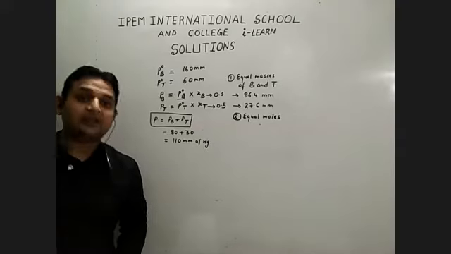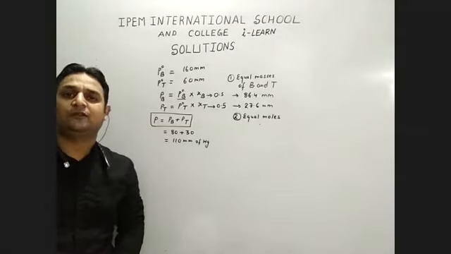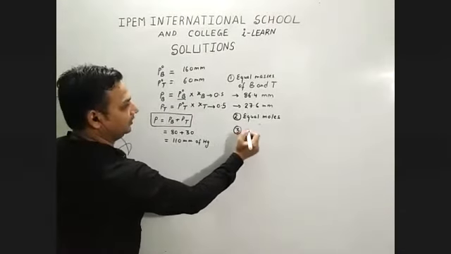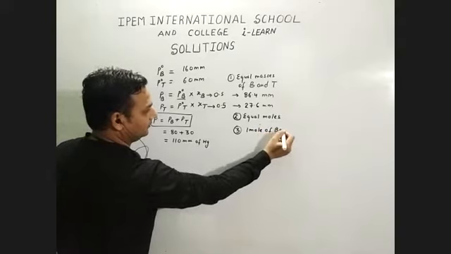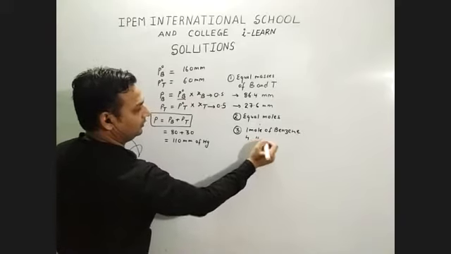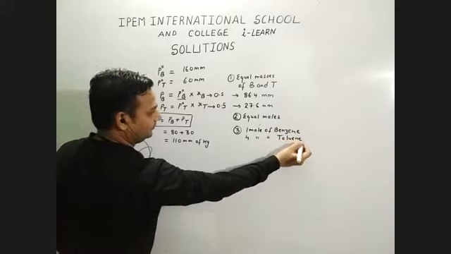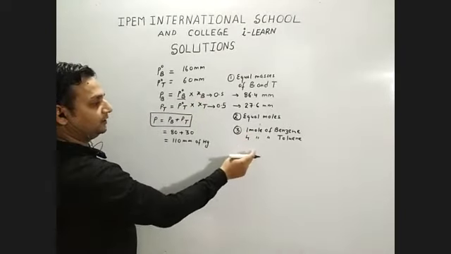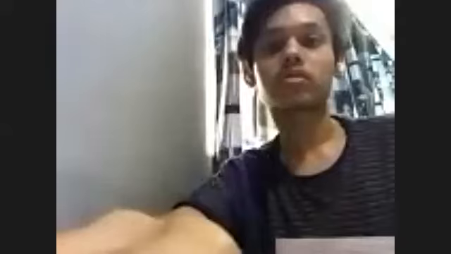Now, the third one, what they have given is 1 mole of benzene and 4 moles of toluene. Now the mole fraction of benzene will become 1/(1 plus 4), 1/5.